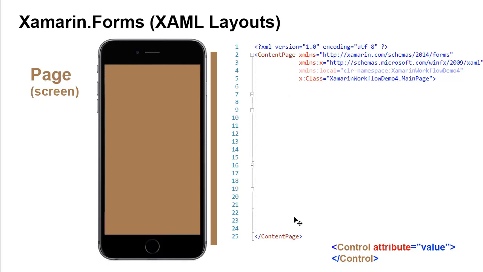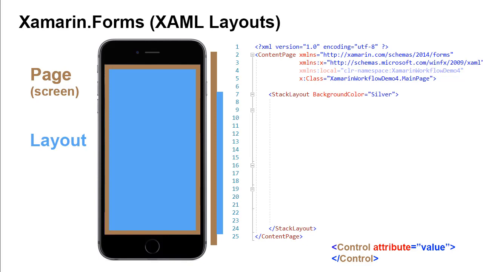We have our content page, we have our closing content page. Inside those two tags will be the information we want to display in that page. So you can think of the page as our screen. Inside the page then we're going to have a layout. And we used a stack layout which allowed us to put other objects in that stack layout and stack them from top to bottom.